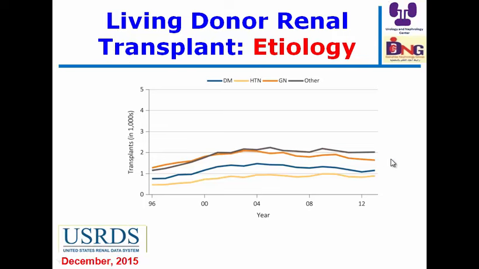We discussed that diabetes is the leading cause of end-stage kidney disease, and we are expecting to find the majority of patients transplanted are because of diabetes. But the United States Renal Data System shows that diabetes is not the most common transplanted etiology. Why?